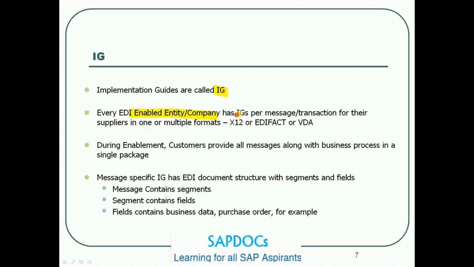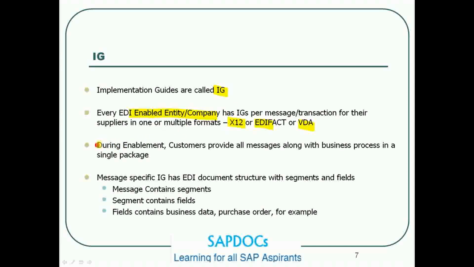One thing to note is that a customer always provides IGs, or implementation guidelines, to their suppliers. EDI is always a customer driven process, and the customer can have formats in either X12 or EDIFACT or VDA or some other format the customer chooses.